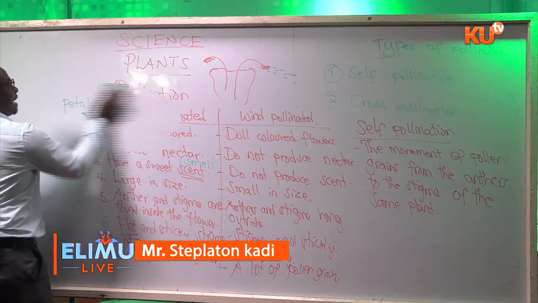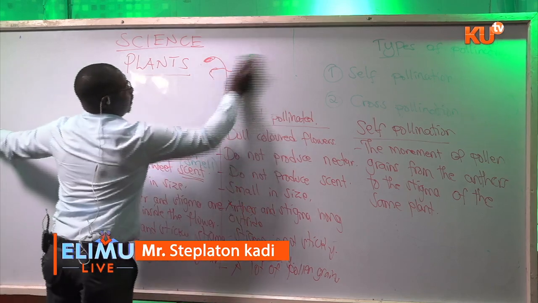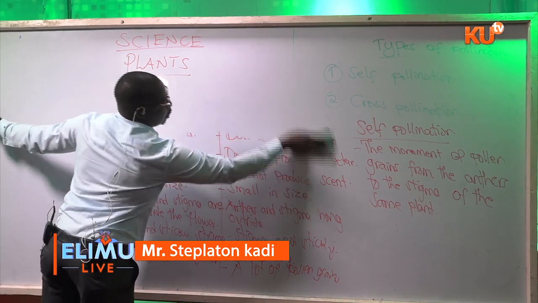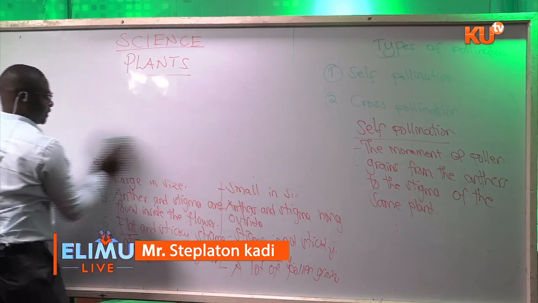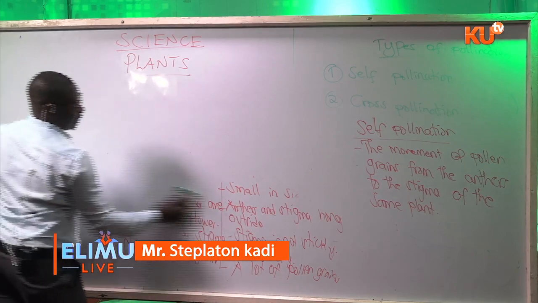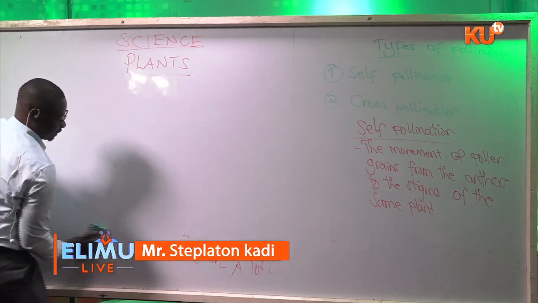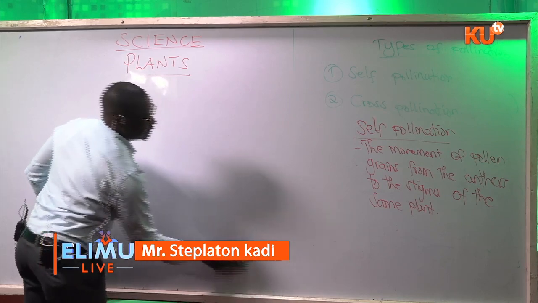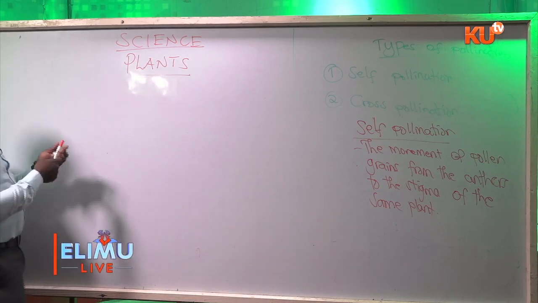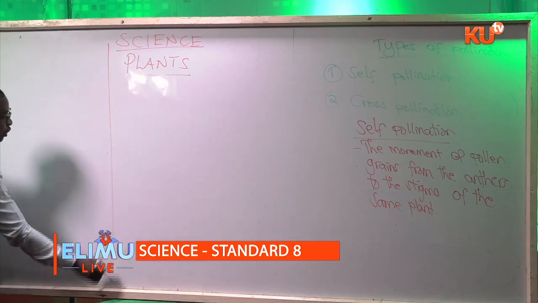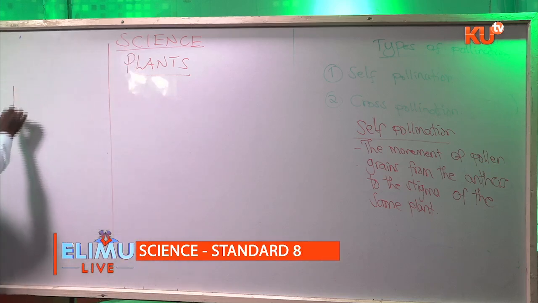So in a sketch of a diagram, just to emphasize what self-pollination is, we'll get something related to this. We'll have one plant.